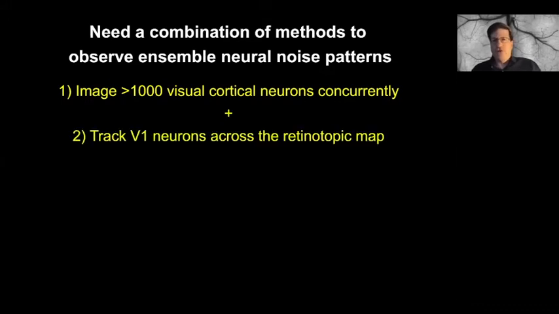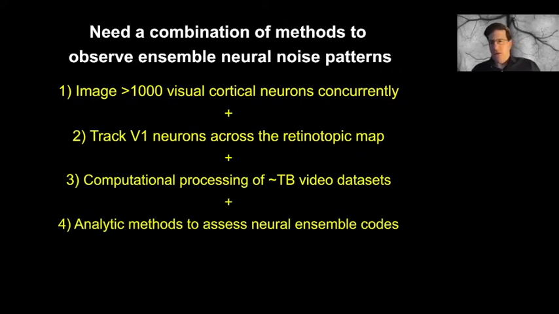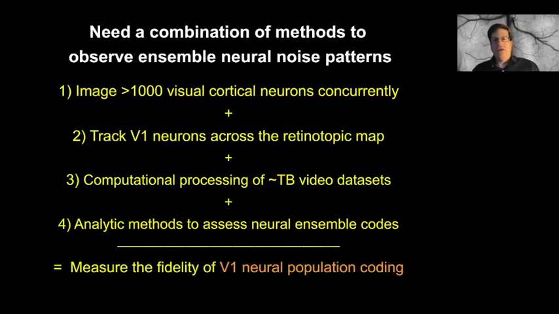We wanted to be able to track the activity of V1 neurons across the retinotopic map, in other words, across the entire representation of the visual scene. We needed to have tools that would allow us to process the resulting terabyte-sized video data sets, and also analytic methods that were up to the job of assessing the accuracy of neural ensemble codes. And I will take you through all of these approaches, and I will show you that together they afforded us a new opportunity to measure the fidelity of neural population coding accuracy in V1, the primary visual cortex of the mouse.